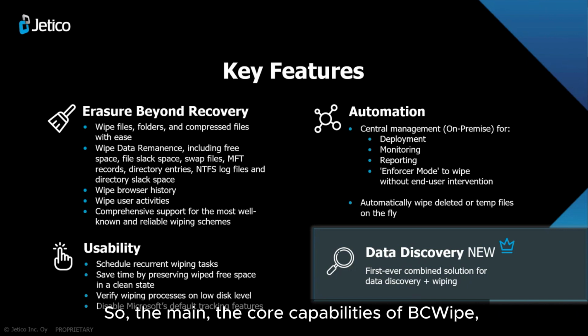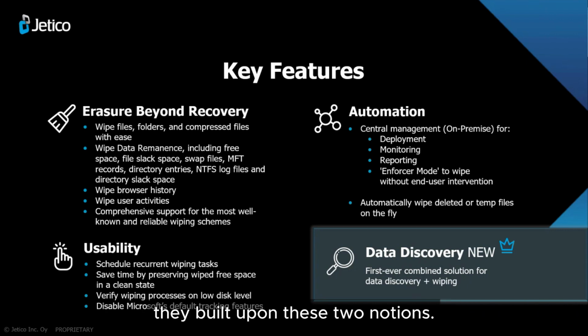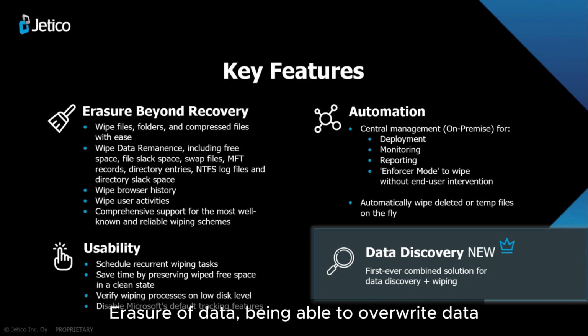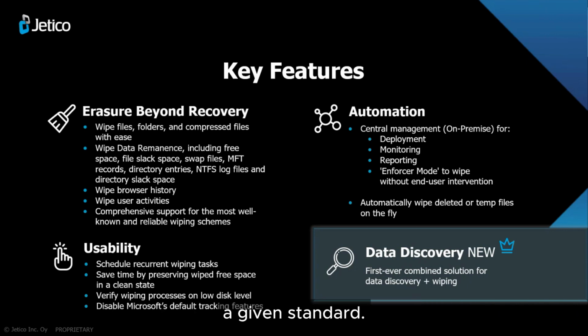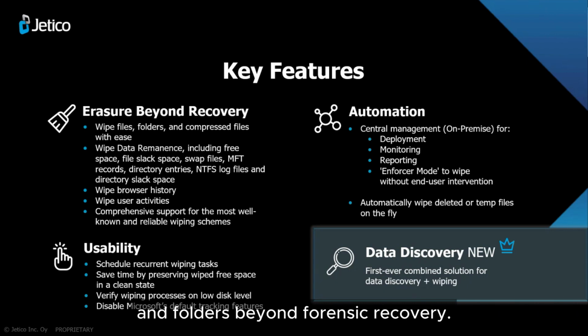So the core capabilities of BCWipe build upon these two notions: erasure of data, being able to overwrite data in place, and then support for wiping schemes, being able to do so in accordance with a given standard. So a very basic feature of BCWipe is to be able to overwrite existing files and folders beyond forensic recovery.